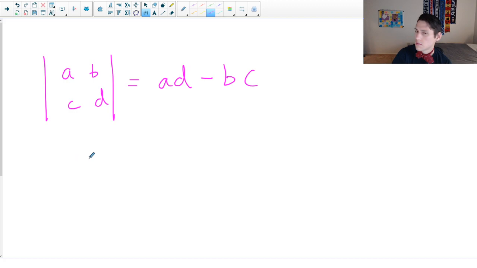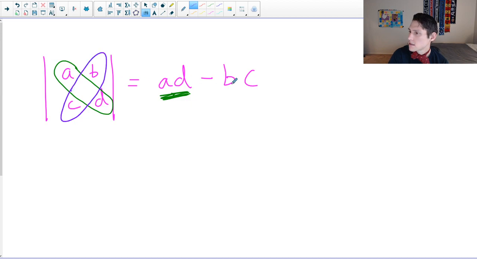For the 2 by 2 determinant, it's this. A times D is that main diagonal, and then minus B times C. All right, so that's a 2 by 2 determinant.